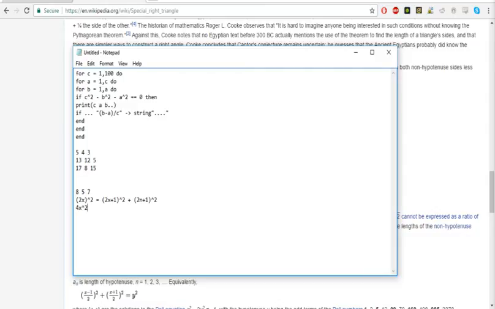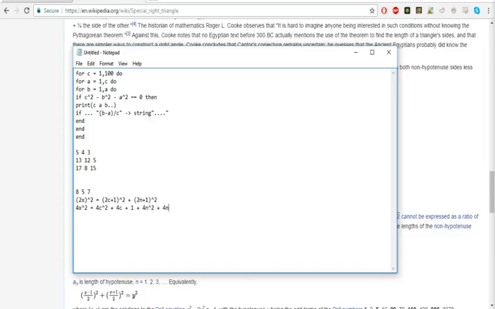and then if it's plus 1, then that means you have 4x squared equals, oh yeah, I shouldn't have put x here, I should have put like c. Don't get confused with this c or like that c, which are the same there, but not here. And then that would be 4c squared plus 4c plus 1 plus 4n squared plus 4n plus 1, and that gives you 4 something equals 4 something plus 2.